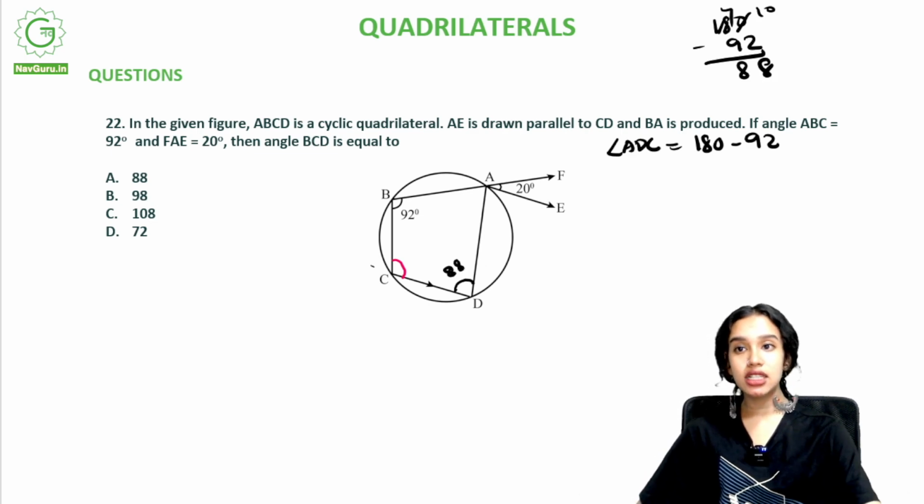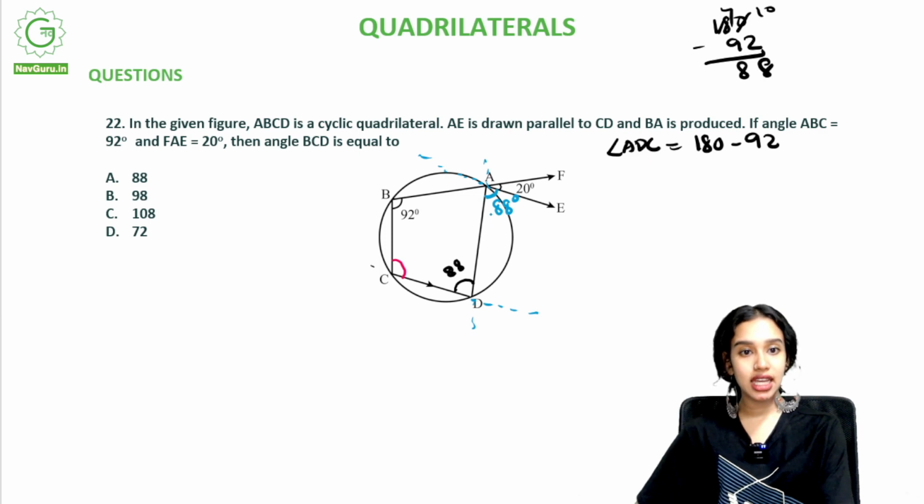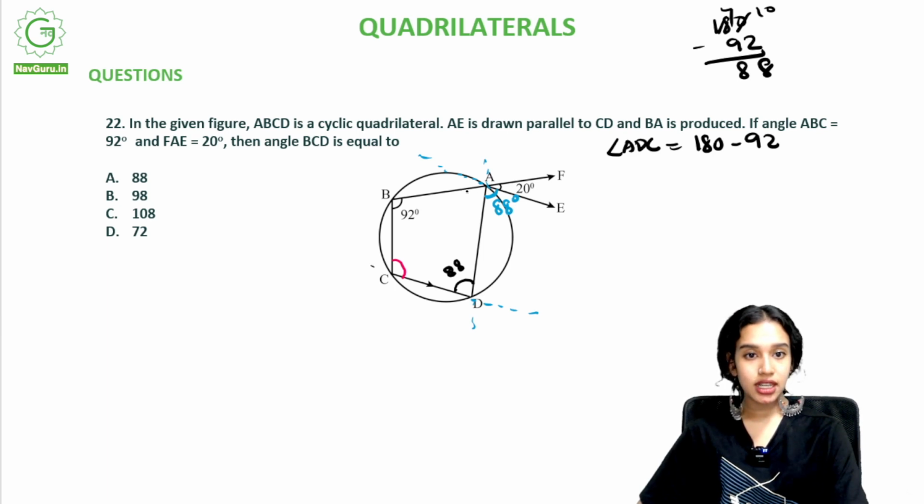So if this angle is 88 degrees, what would be this angle? This should also be equal to 88 degrees. Why? Because these two lines are parallel, and it's getting intersected by the same line. So if this is 88, this angle should also be equal to 88. Now, what should be this angle then? That angle, that is angle BAD, right?